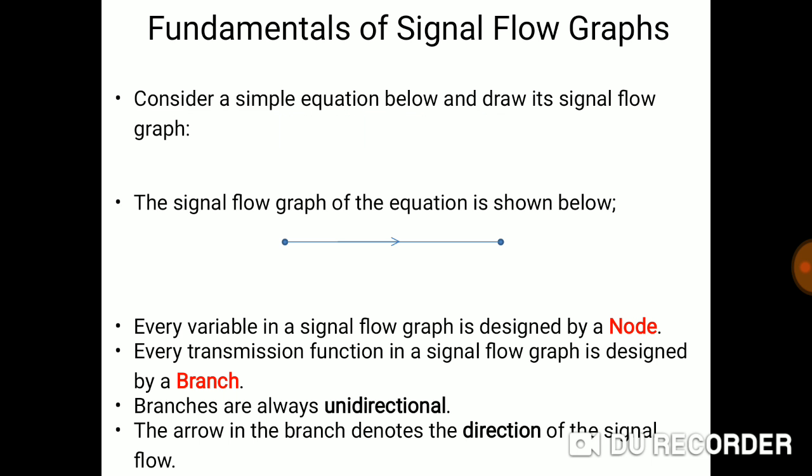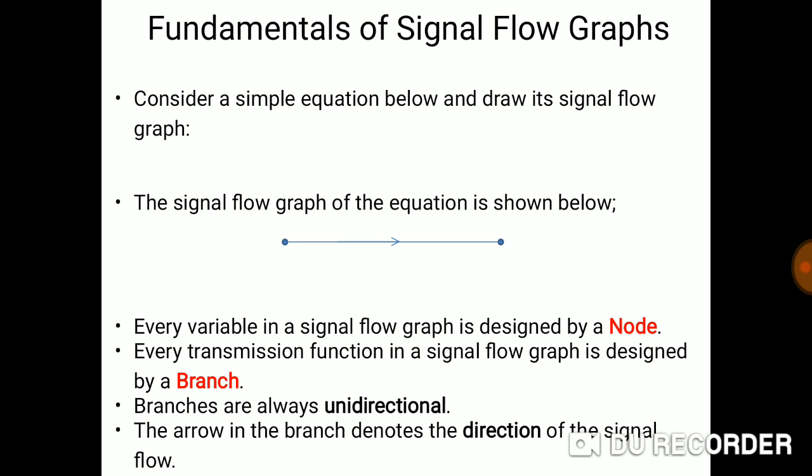Consider one example which has one input A1 and the output A2, and the signal flow graph for the equation is shown below. It is directed, with one input and one output line, and it has some transfer function. In the signal flow graph, every variable is represented by a node. The blue dot shown is nothing but a node.